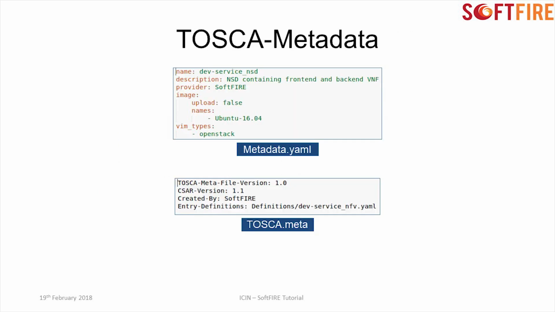The metadata.yaml is a little different from the preceding. In fact, there we have to specify the actual images used by the virtual machine, and also there we can specify the VM type, in this case OpenStack.